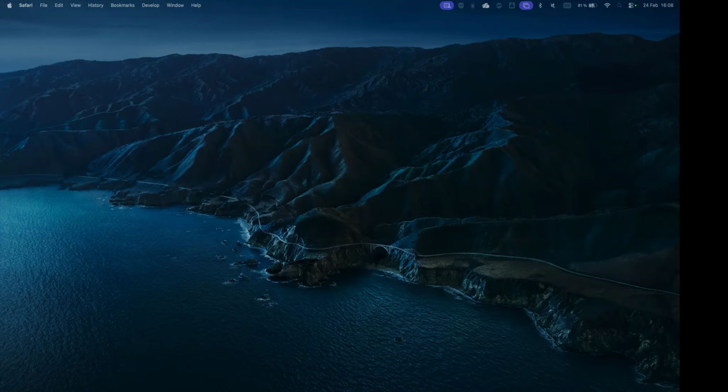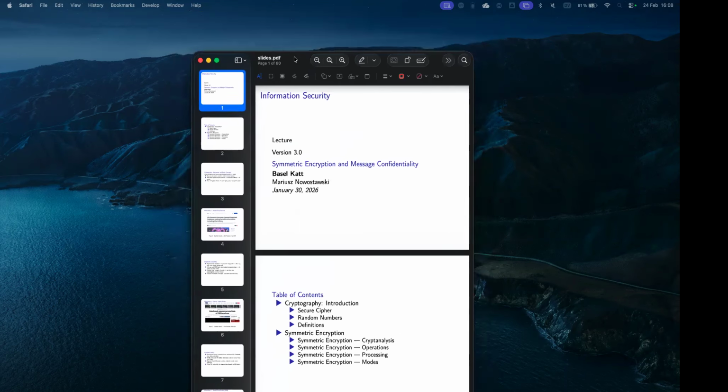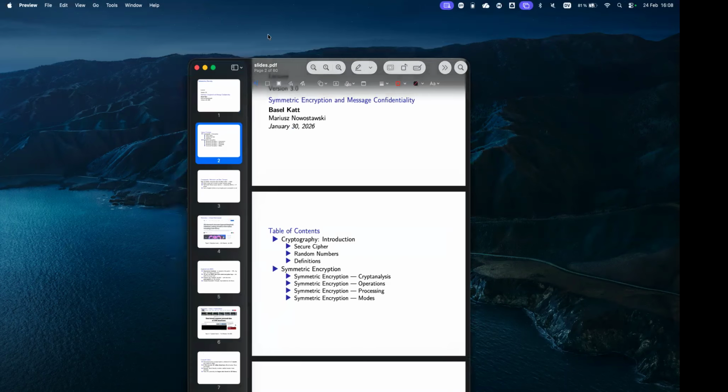Crypto systems. We start with symmetric cryptography. Yes, I will post those slides into Canvas as soon as I can.